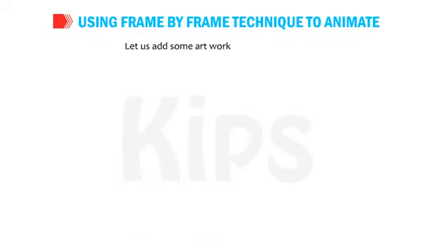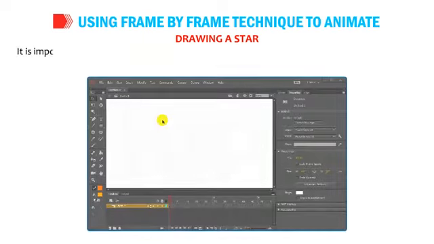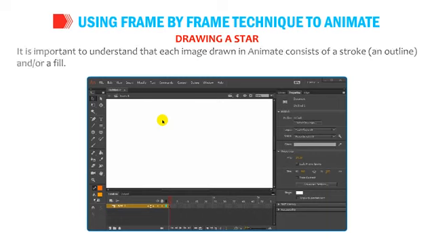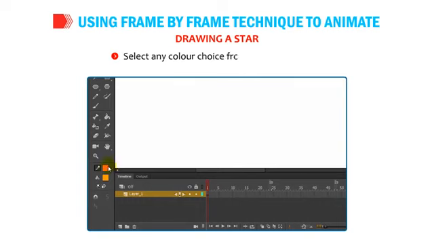Let us add some artwork for the document. Draw a star. It is important to understand that each image drawn in Animate consists of a stroke, an outline, and/or a fill. Select any color choice from the stroke color. Select red color from the fill color box.